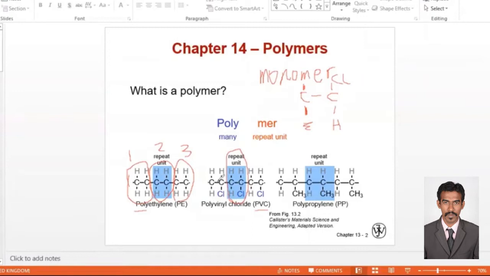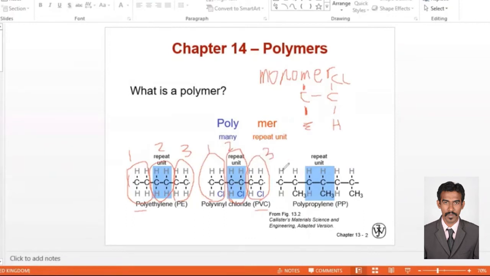Here also, if I take 2 carbon, 3 hydrogen and 1 chlorine, this is again a monomer. So these all are monomers. In this link we have 3 monomers.